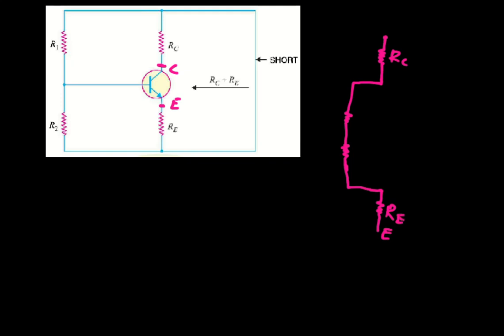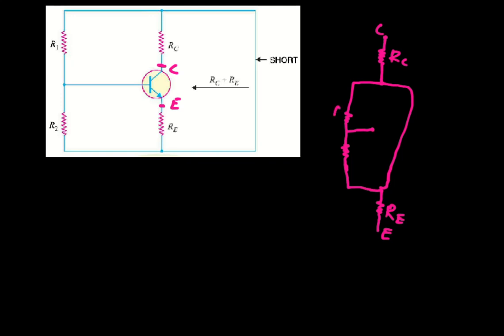So RE is here, RC is here, the collector terminal C is here, and because R1 and R2 are shorted by this line, we are drawing that line also. So this is the analog circuit of this one, and here we are having a base, and since collector and emitter are open, nothing is here, so it will look like this.